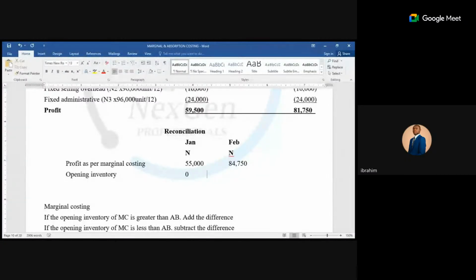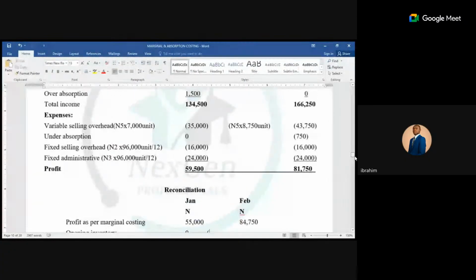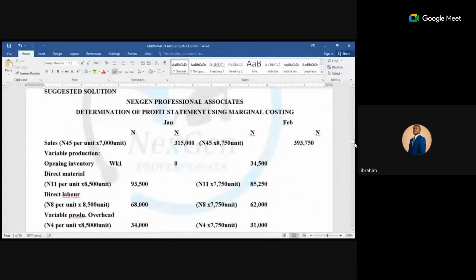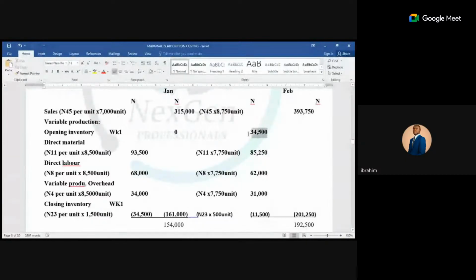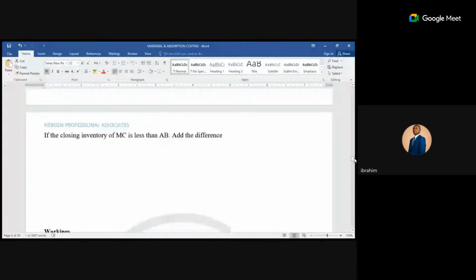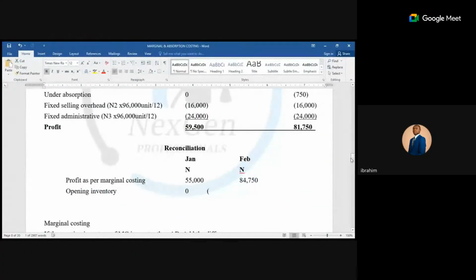Now, class, in February, what is the opening inventory of marginal costing? 34,500. Can you see? The opening inventory is 34,500 for marginal costing.